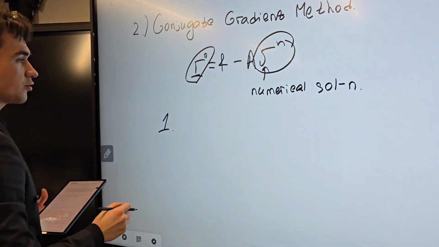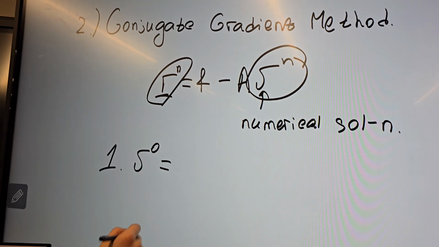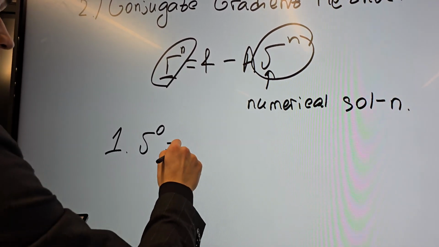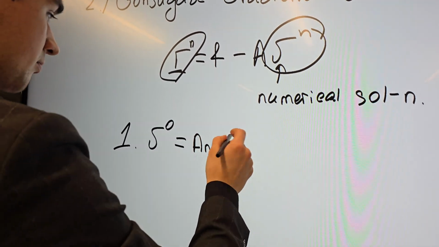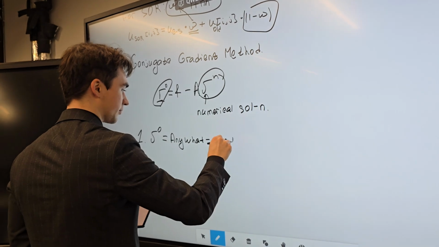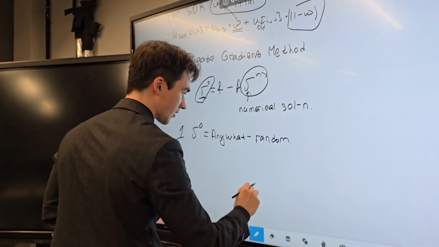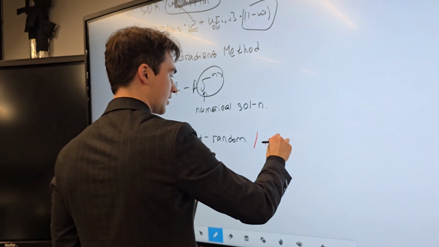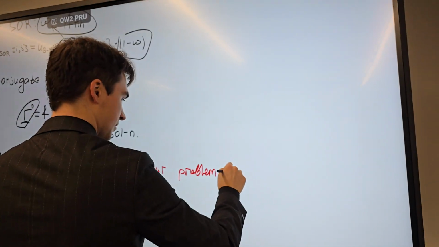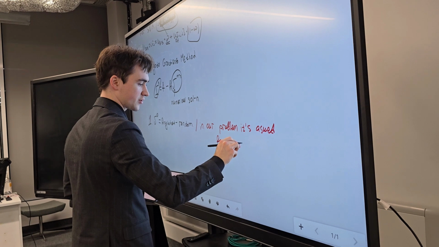First, you define your v0, and you can define it any way, like it could be random. However, in our problem, it's asked for zeros.